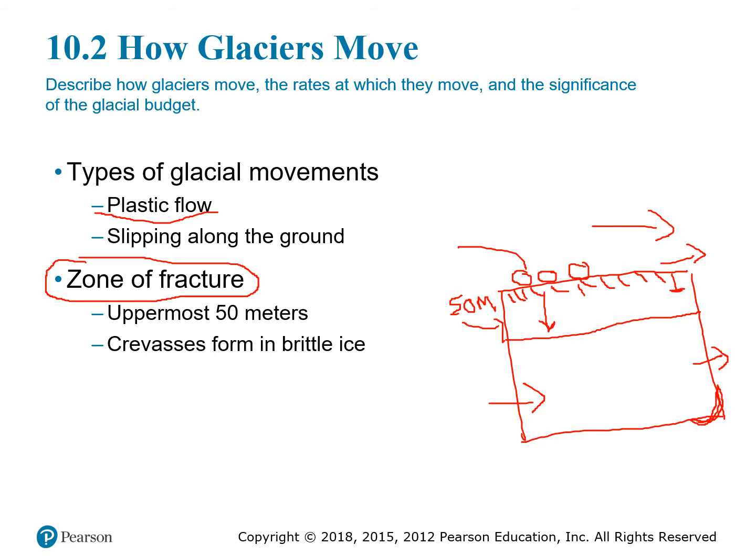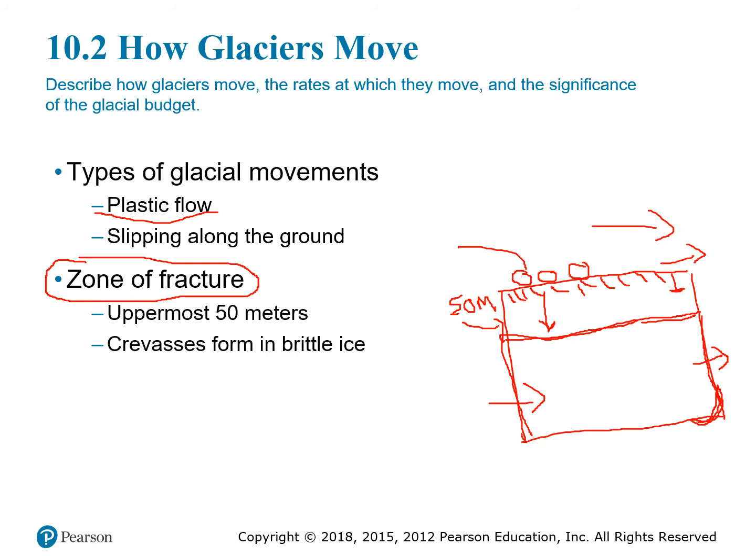The weight of 50 meters of ice above this area will cause the water molecules to squeeze together in their solid structure, and then allows it to move in layers. So it shears along these layers in the crystal structure. The movement resembles plastic flow.